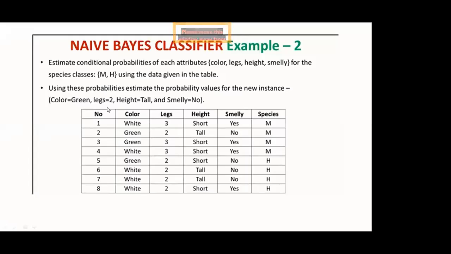You can see the data here, where this data represents a species classification based on color, leg, height, and smell. There are two types in that species, M and H. There are a total of 8 examples and four attributes given.